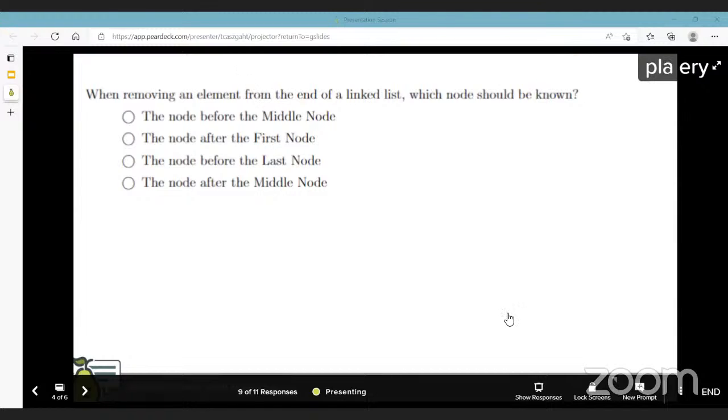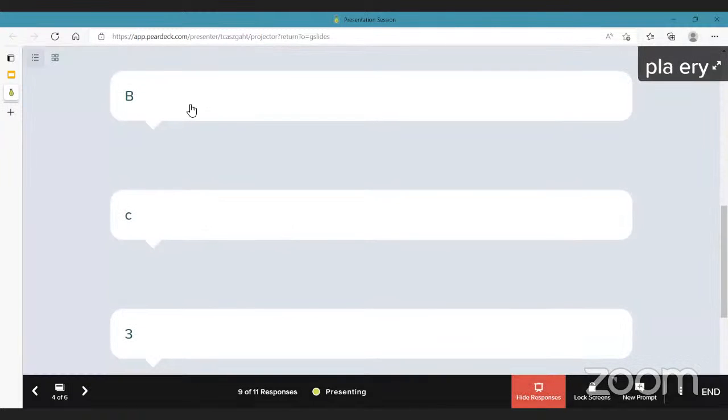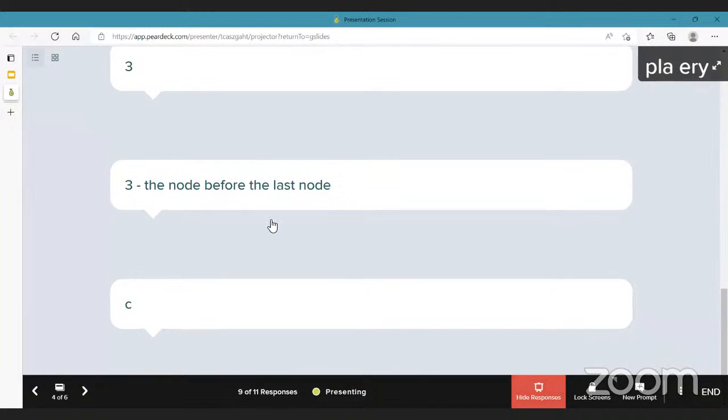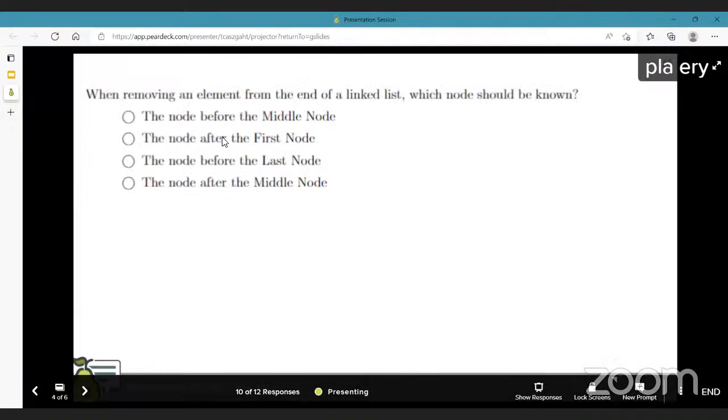Okay, so we have got 9 responses. B, okay. The one who has answered B, that is the node after the first node, can you please unmute and tell why it is the node after the first node?